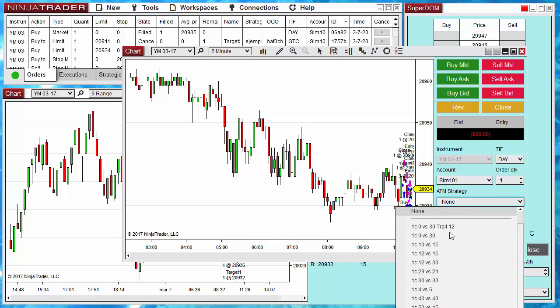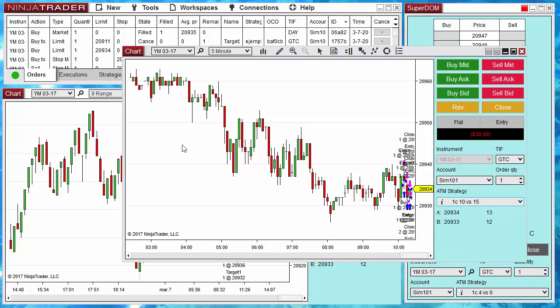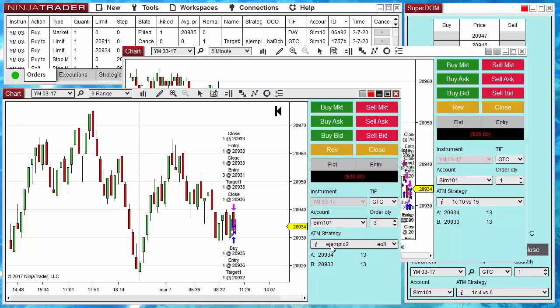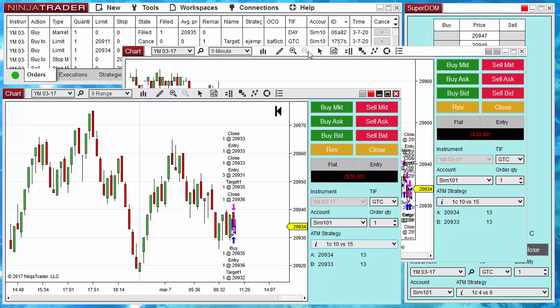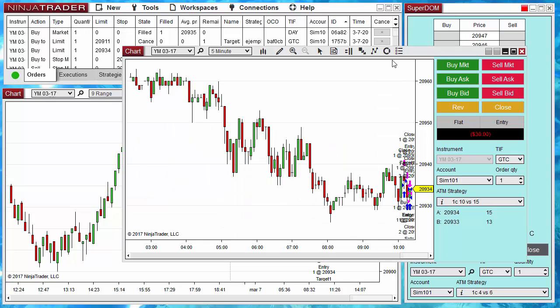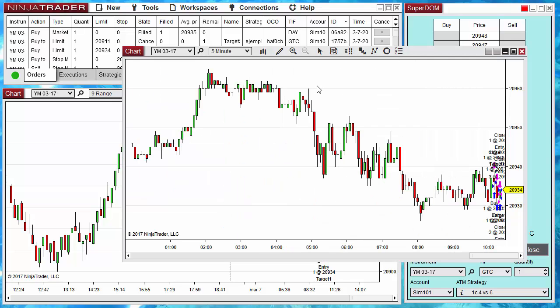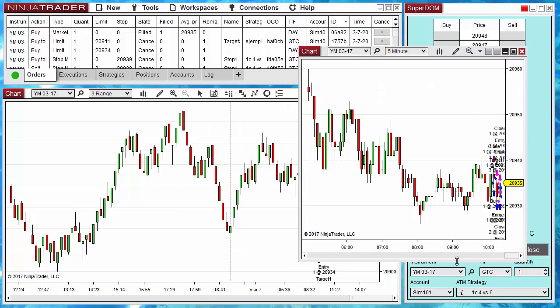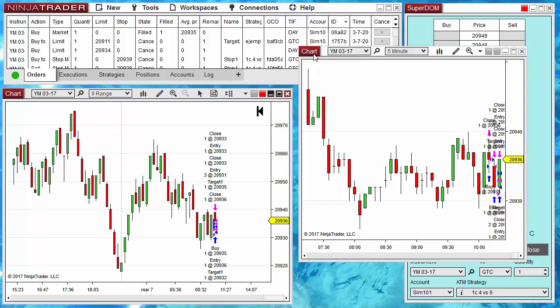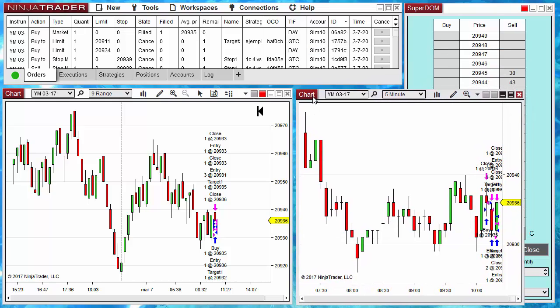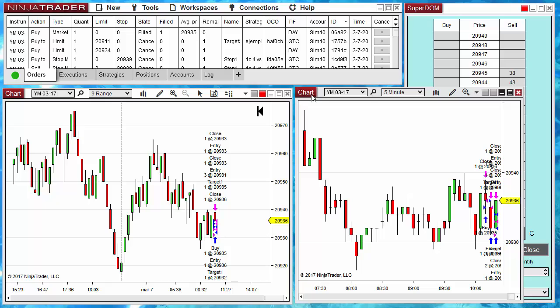And we select an ATM. For example, one contract, 10 versus 15. And on the other, the same ATM. I will hide the ChartTrader on both. Now let's check what happens if we try to go long on one and short on another.